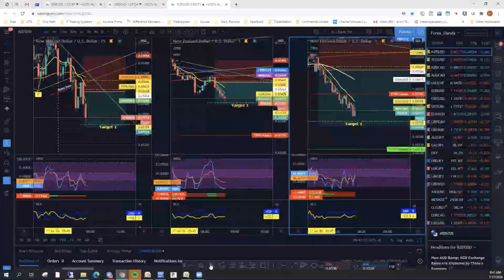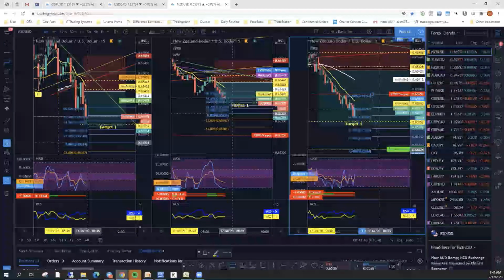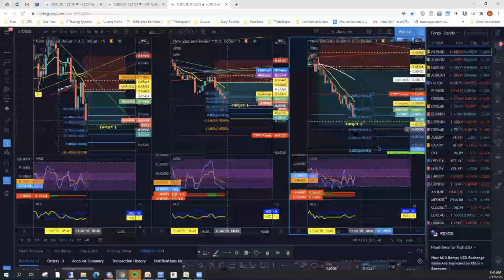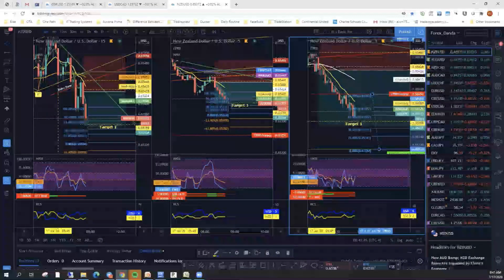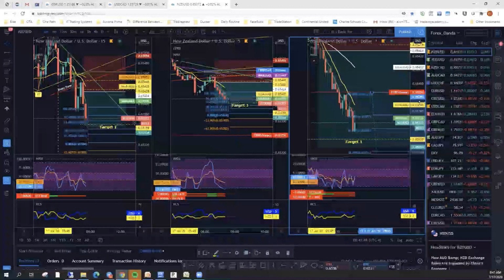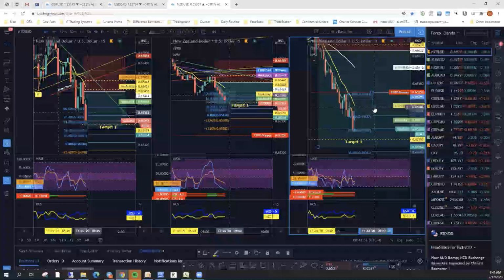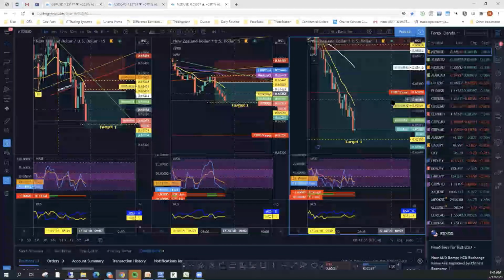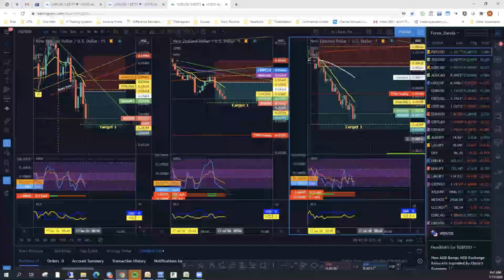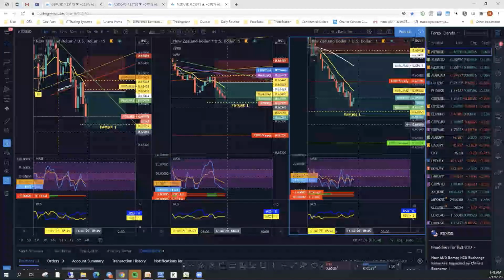If I draw a fib tool between this red line and this red line, you're going to see it stopped. My target by 50% is right between that 68 and the 31. USD CAD just had a really interesting candle on the 15-minute. Let's see if we can get our target with this.